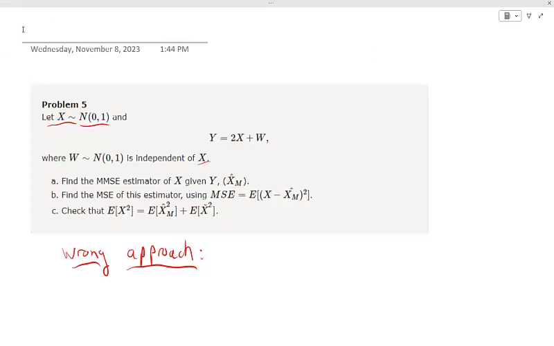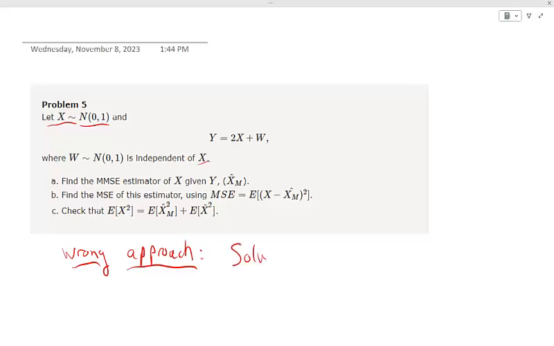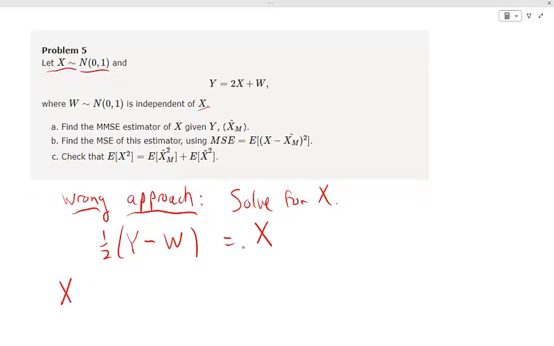Here it says I want to find x given y. So my approach was to solve for x, and you get y minus w times 1/2 is equal to x. Now we want x given y, which means y is known.